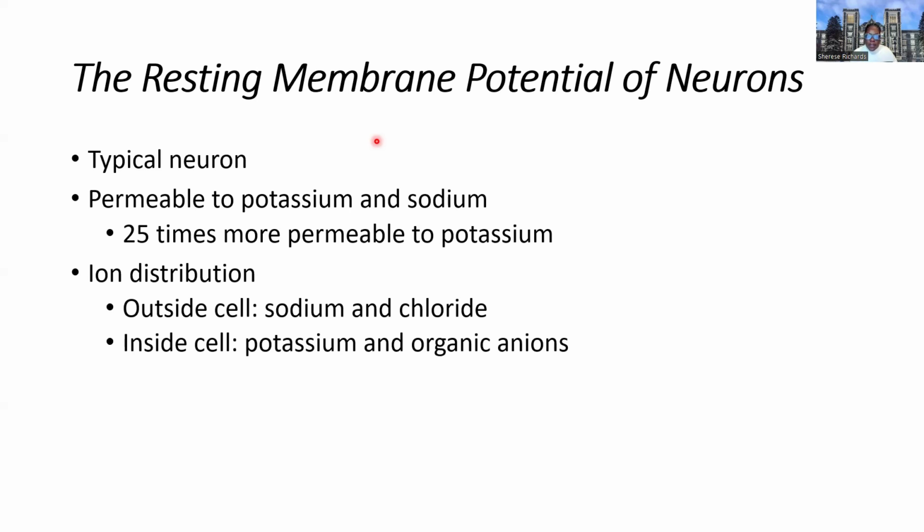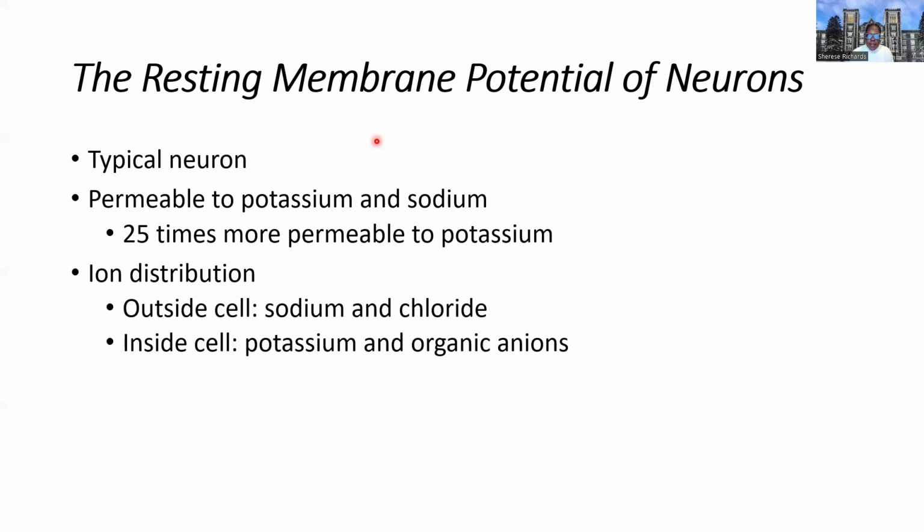Also, we want to think about how these ions are distributed. So outside the cell, we have an abundance of sodium and chloride, right? Sodium being positively charged, chloride being negatively charged. So there's sort of a balance of these ions, positive and negative, outside the cell. Inside the cell, we have an abundance of potassium and organic anions, such as amino acids, which are considered organic, and other negatively charged ions that are inside the cell that contribute to that negative environment.